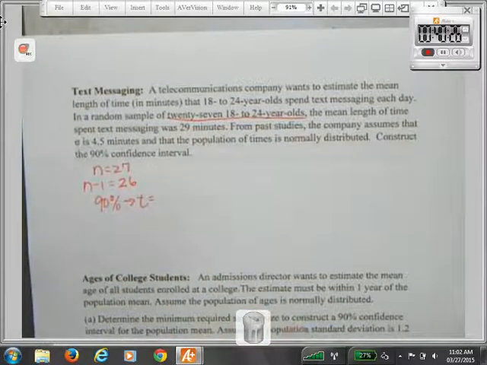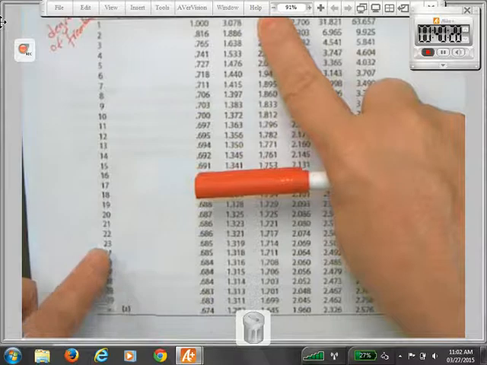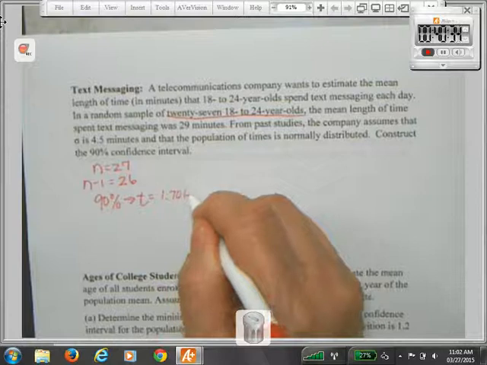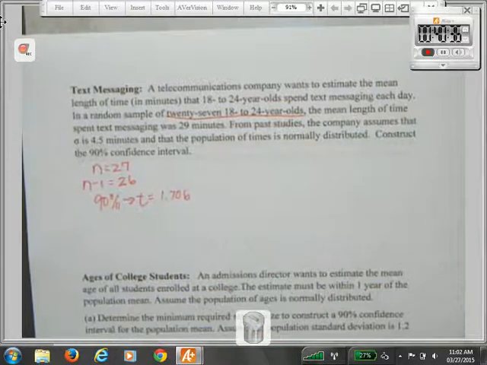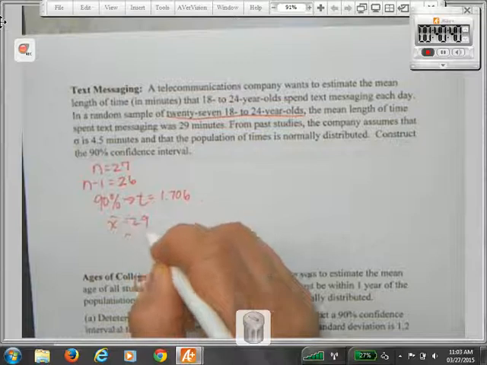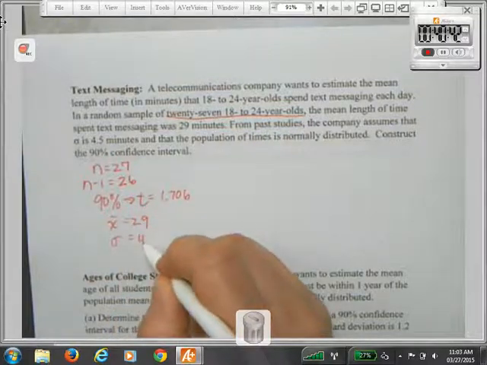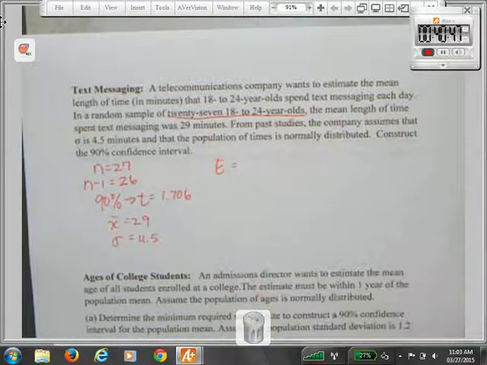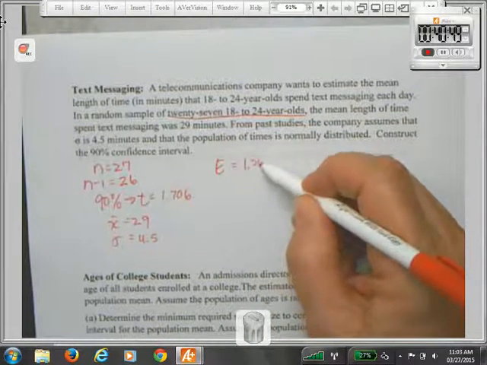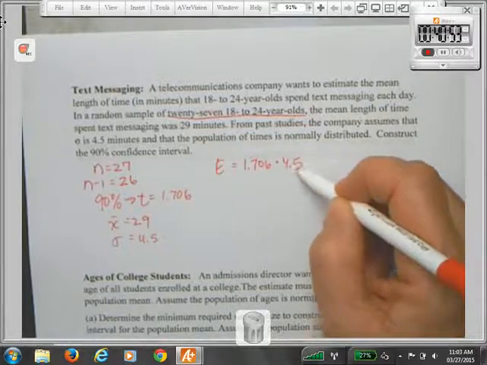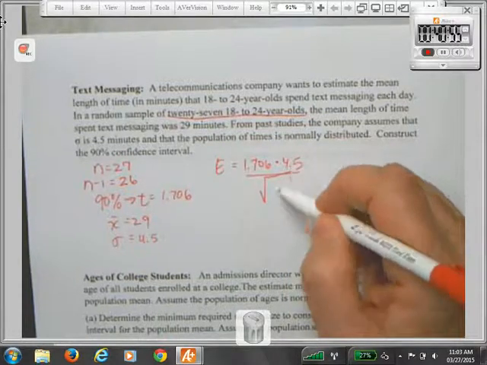Okay, so you went to 90% and down to 26, 1.706. The X bar here was the 29 minutes, and the sigma is 4.5. All right, margin of error first. 1.706 times 4.5 divided by the square root of 27.